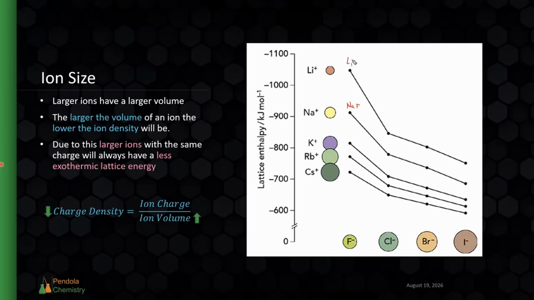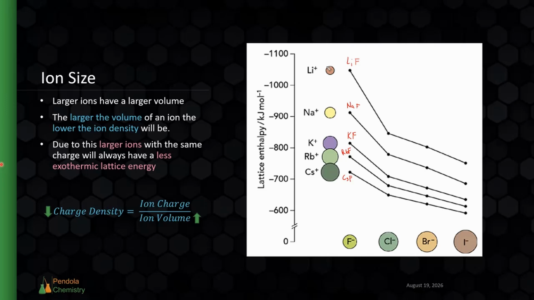This is LiF. This is KF, RbF, and CsF. So notice how the anion stays the same, they're all fluorine, but as the cation increases, so does the lattice energy get less exothermic.